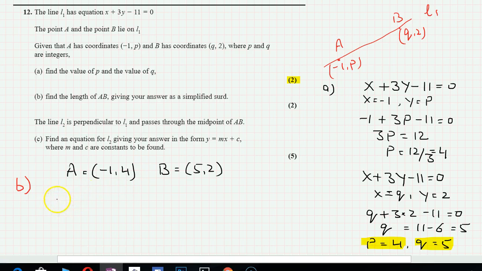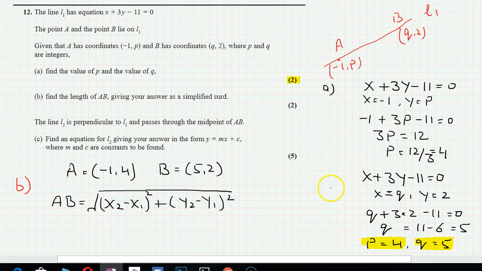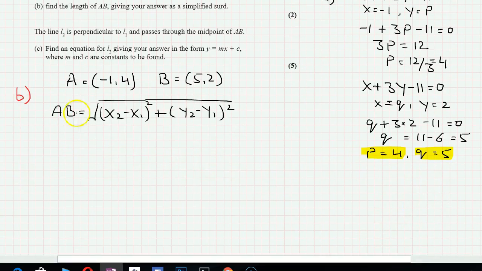The distance between 2 points is given as, if you remember the formula, the square root of (x2 minus x1) squared plus (y2 minus y1) squared. This formula is basically the Pythagoras formula for a right-angled triangle.